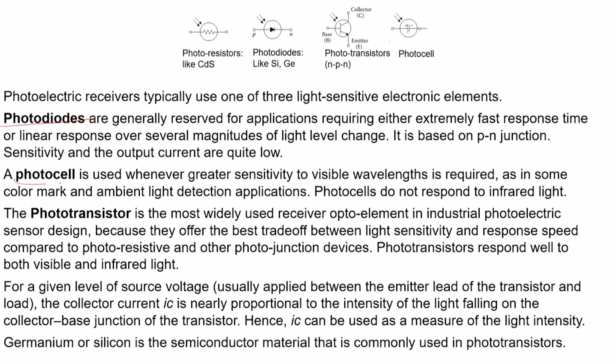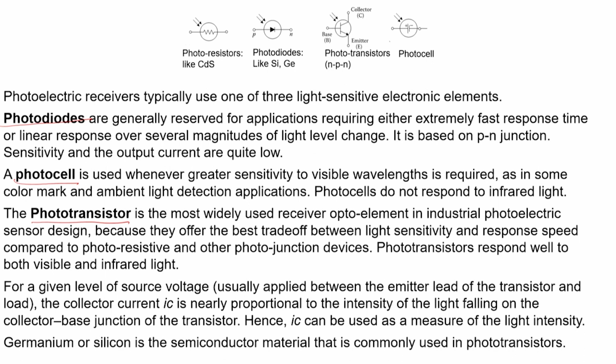Then photocell is used whenever greater sensitivity to visible wavelength is required, and phototransistors are most widely used to receive the optoelement in industrial photoelectric sensor design, because they offer a trade-off between light sensitivity and response speed compared to photoresistive and other photojunction devices.